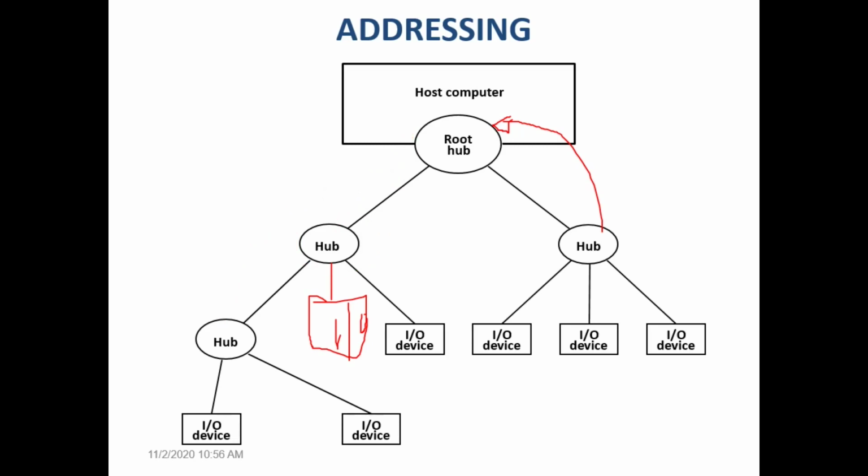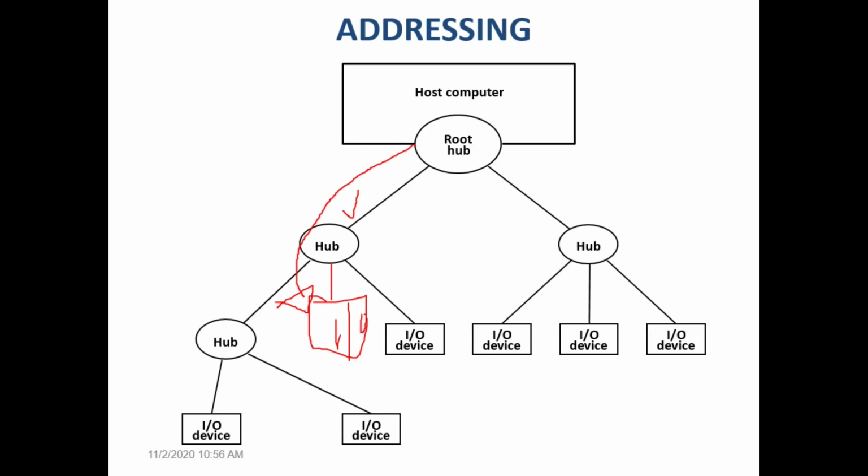Now the root hub resets all the addresses, it sends a reset signal, then it communicates with that particular IO device using the hub it is connected to, and asks for various information from that IO device, like its characteristics and behavior, and then assigns a unique 7-bit address to that IO device.